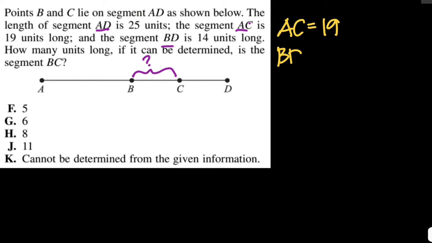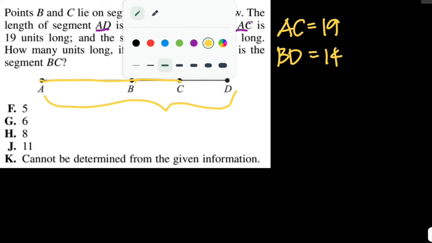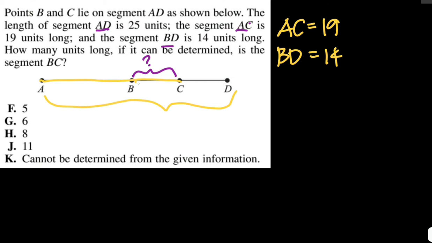Then BD is equal to 14. And in addition, these points are along segment AD. The AC, this one, and BD, this one in purple.